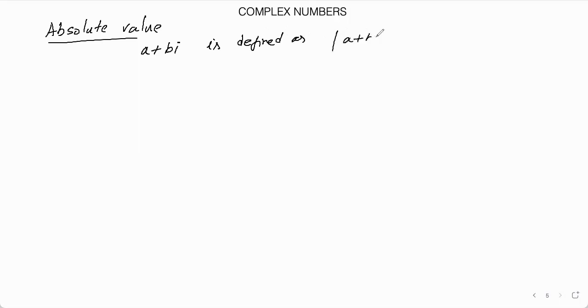So we'll look into absolute value. The absolute value or modulus of a complex number a plus bi is defined as mod of a plus bi, which is square root of a square plus b square.